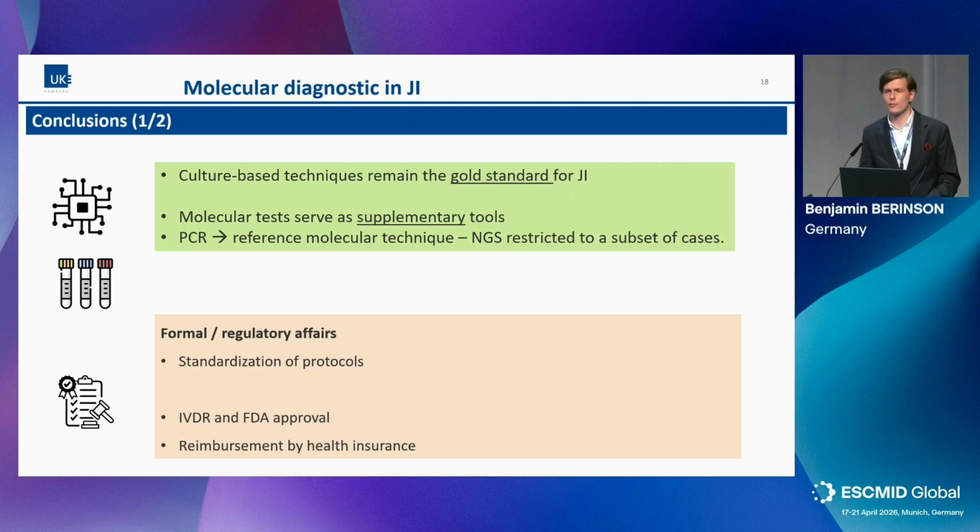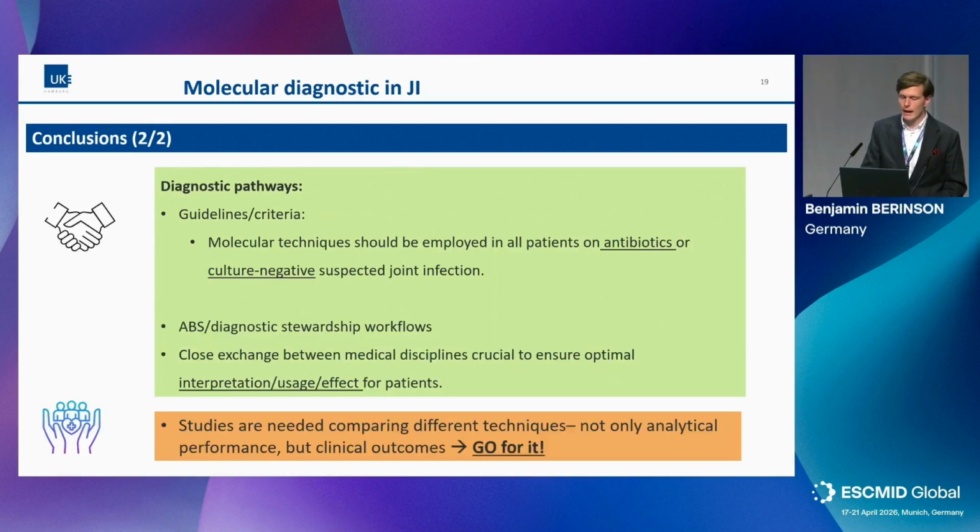So standardization of protocols, for example, this is in my eyes very important for NGS approaches. Then IVDR, FDA approval, and also important reimbursement by health insurances, since the more complex assays you apply, they're obviously not cheap. And as a diagnostic pathway in the newest guidelines and criteria, it's mentioned that molecular techniques should be employed in patients on antibiotics or with culture negative suspected joint infections.